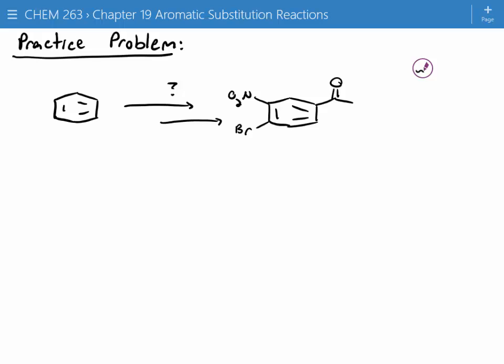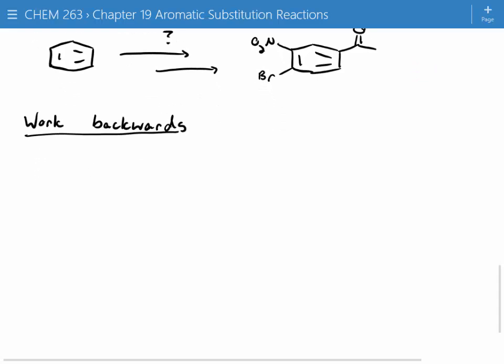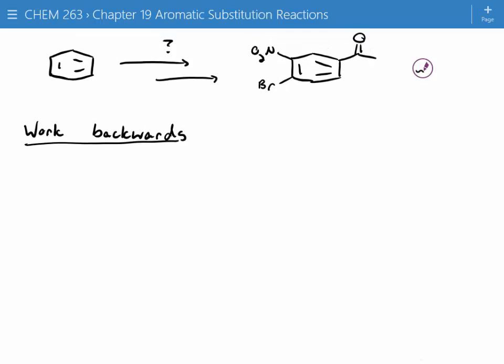All right, so now let's try to figure out the correct route through which we can make 4-bromo, 3-nitro acetophenone. And again, just like with most synthesis, we want to work backwards. So let's compare our options. Let's say we're going to install our bromine last.